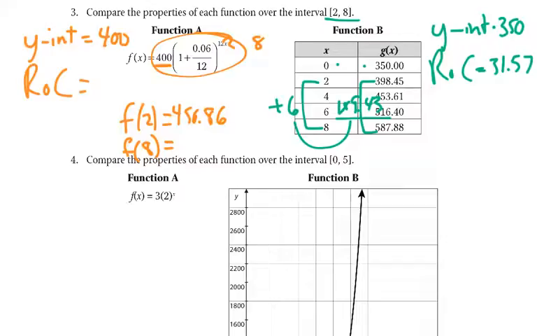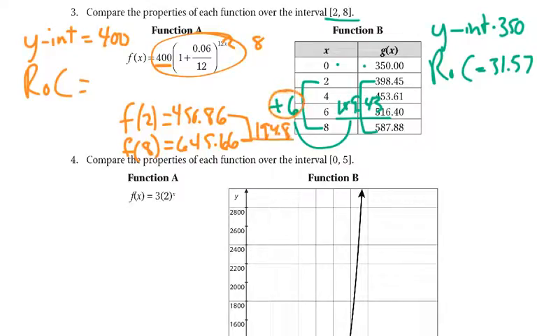Then we do f of 8. Okay. So I type that whole thing in, but instead of 12 times 2, it's 12 times 8. That gives me 645.66. Now I take this, subtract that, and that gives me 194.8.